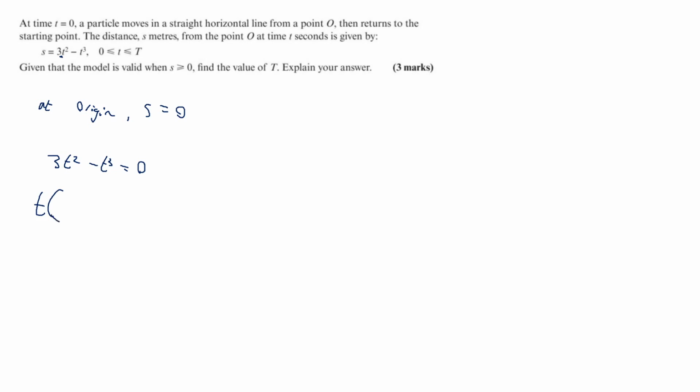And that will be the same as t squared times 3 minus t, equal to 0. And we can factor out t again. Therefore t is equal to 0.